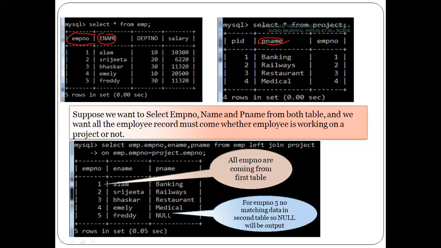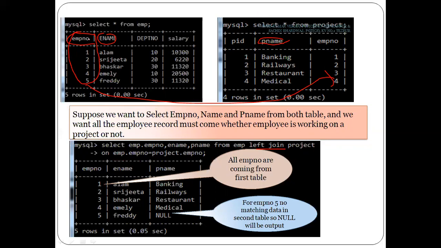P name from EMP left join. Now I am using left join. See here, left join project. Project will be left joined on emp dot emp number equal project dot emp number. See, this number with this number will be matched.